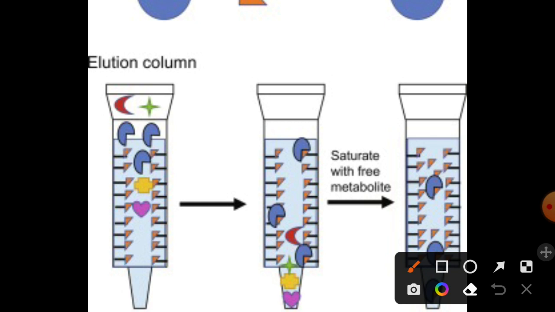So let's take an example. Suppose we want to separate an enzyme, which is also a protein, and we know the substrate on which that particular enzyme specifically acts. So we are using that substrate as a ligand.